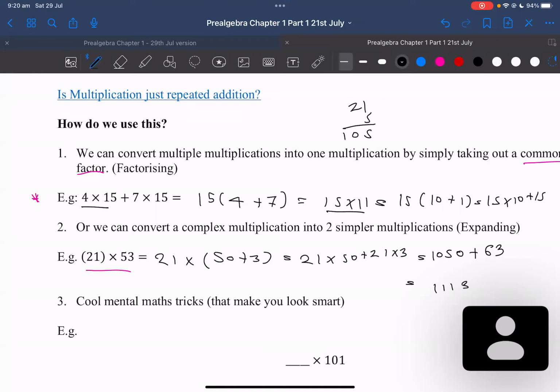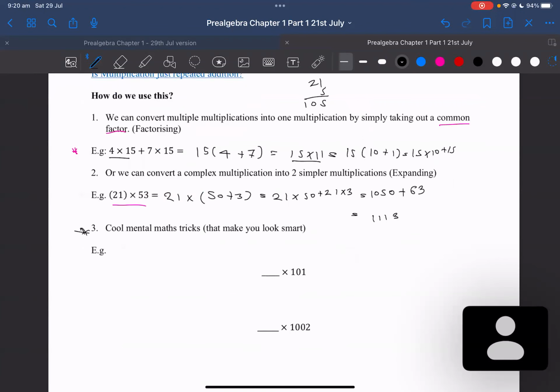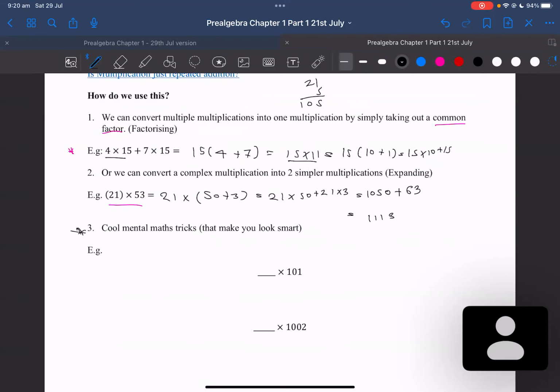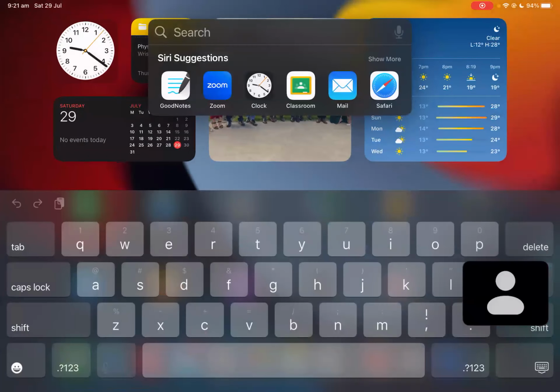1113. Right? But then you can also use cool math tricks like here. What I'm going to do is, you guys can tell me any 2-digit number to put here, and I'm going to tell you what it is immediately when multiplied by 101. Okay. 93. 9,393. Check on the calculator. Right? I'll show you how you can do it quickly.